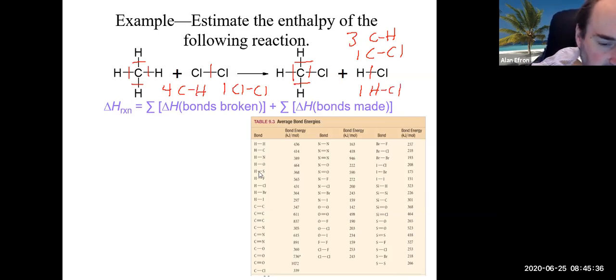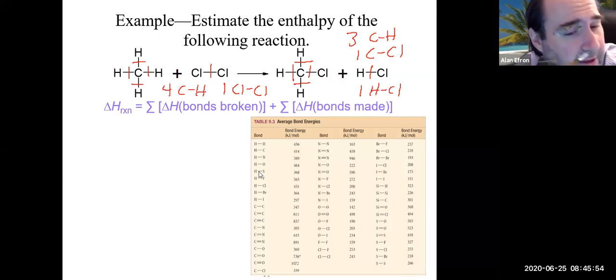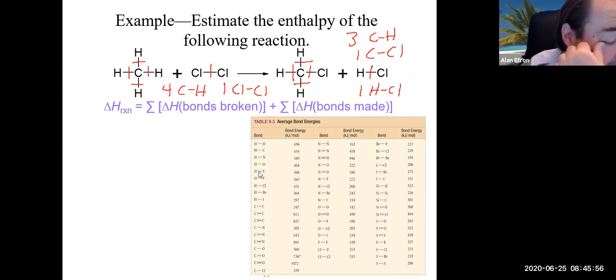When you look at that table, or a table like that in your book, which you might be able to read better in this one, there are single bonds, double bonds, and triple bonds. That's why it's important to draw the structure if you're not sure, so you can know if what you're breaking is a double bond, single bond, or triple bond, because they have different bond energy.